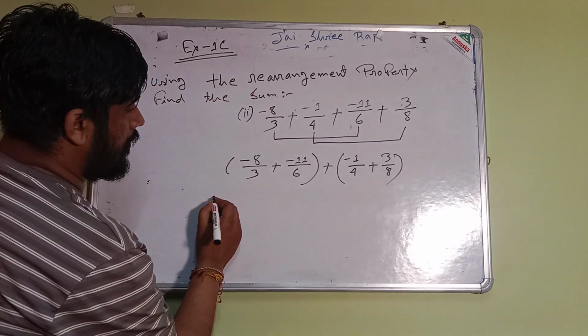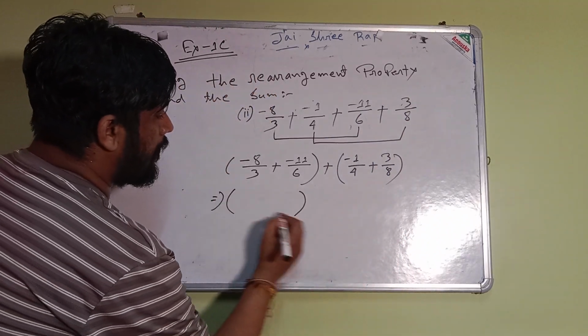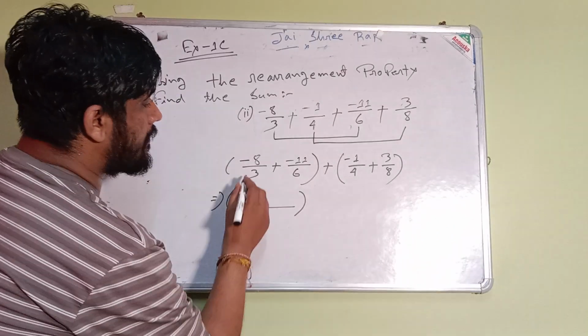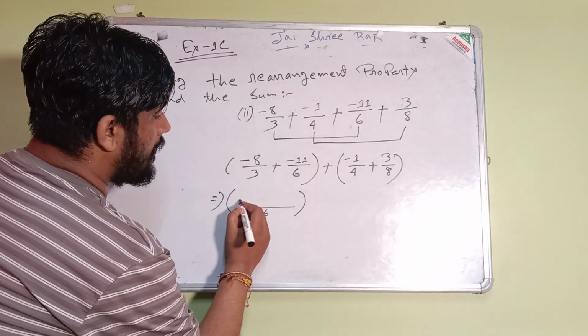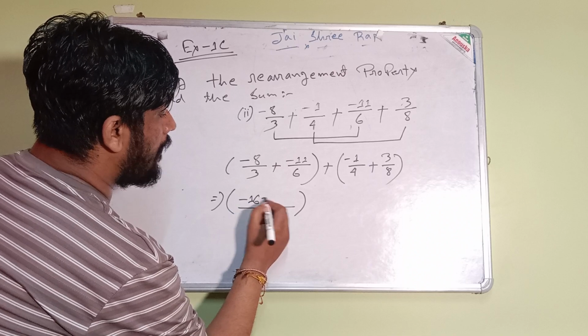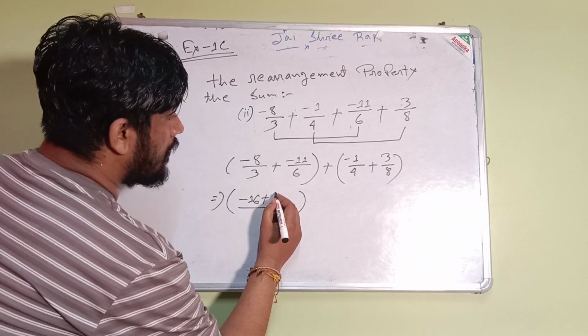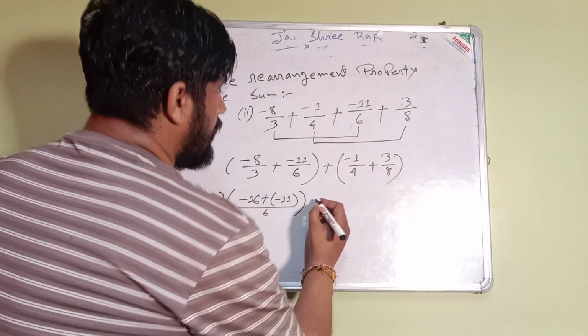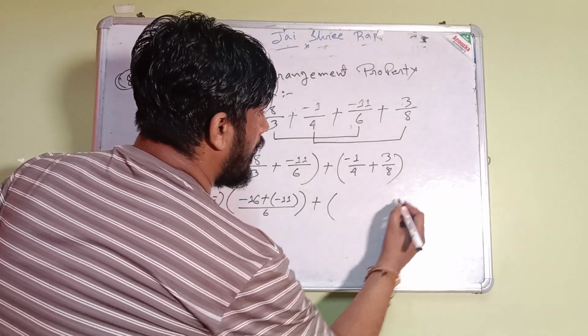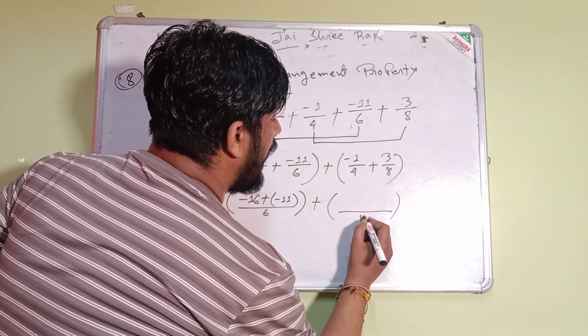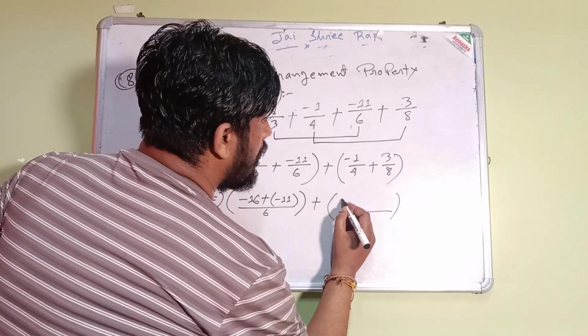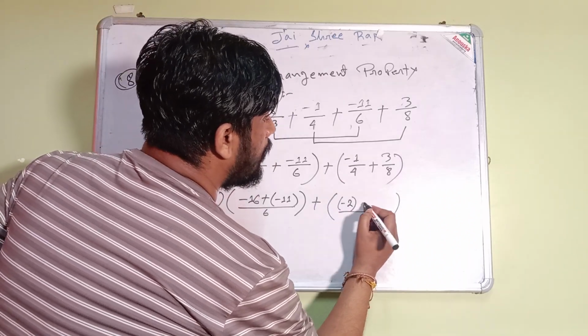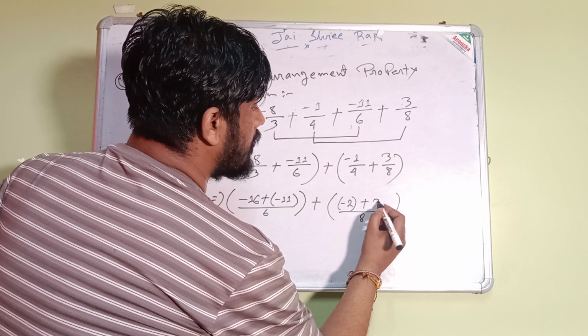Okay, let's start. At first you have to find the LCM of the respective denominators. 6 is the LCM: 3 twos are 6, minus 16 plus 6 ones are 6, minus 11. Same way, the LCM here will be 8: 4 twos are 8, minus 2 plus 8 ones are 8, that is 3.